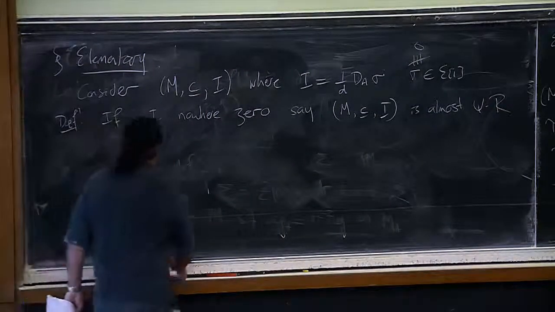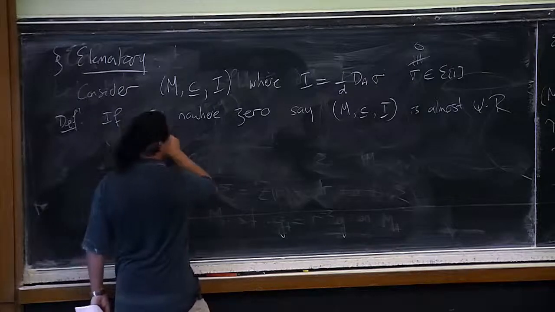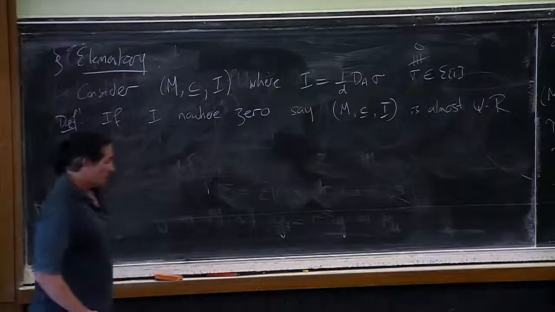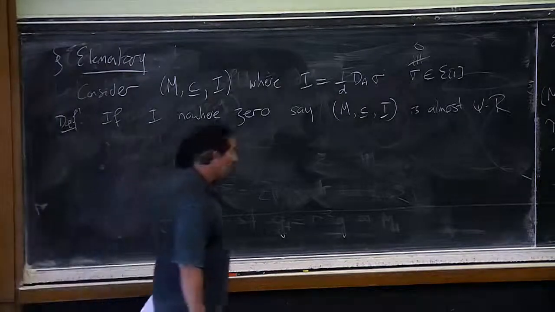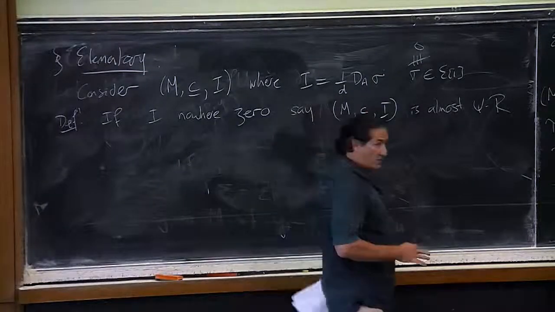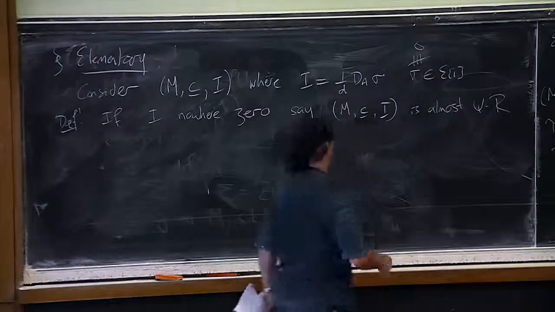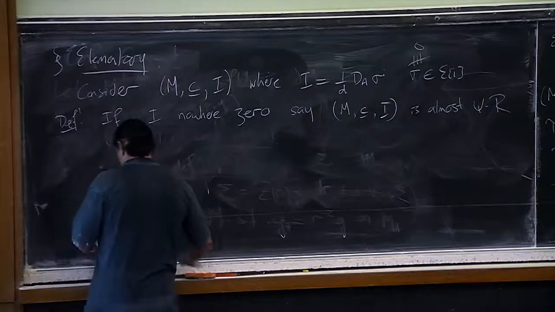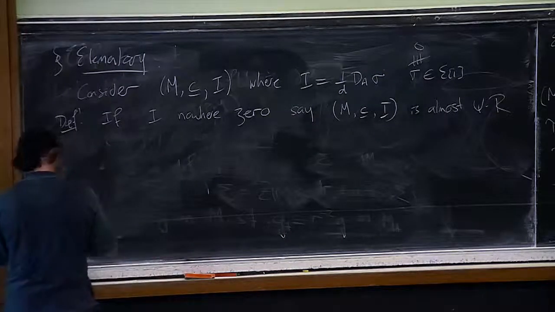Okay, because if the scale tractor is nowhere 0, it's just part of the jet of sigma. So if I is nowhere 0, then sigma cannot vanish in an open set. So you'll get a metric almost everywhere if you have this condition that I doesn't vanish at any point.